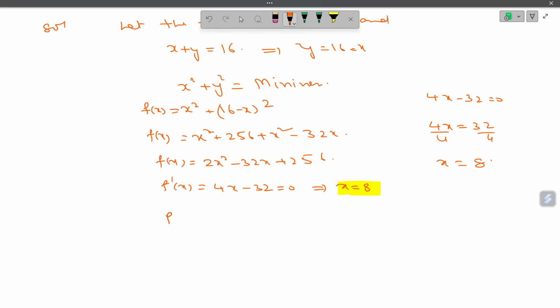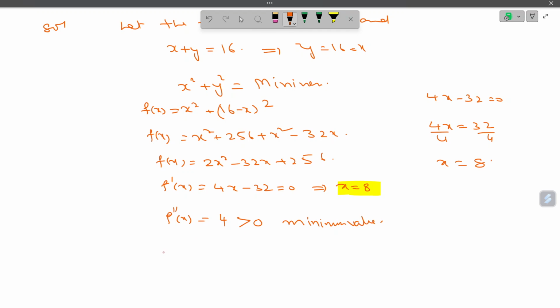Now we'll go for f double dash x. f double dash x is just 4. 4 is greater than 0, which means minimum value, as the problem has given.